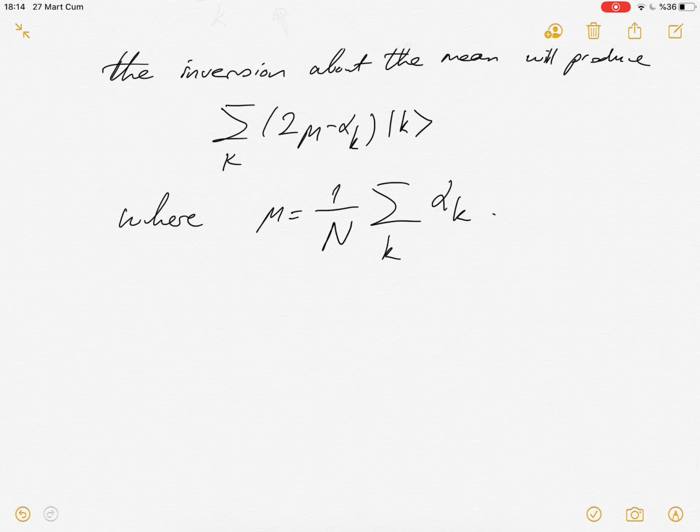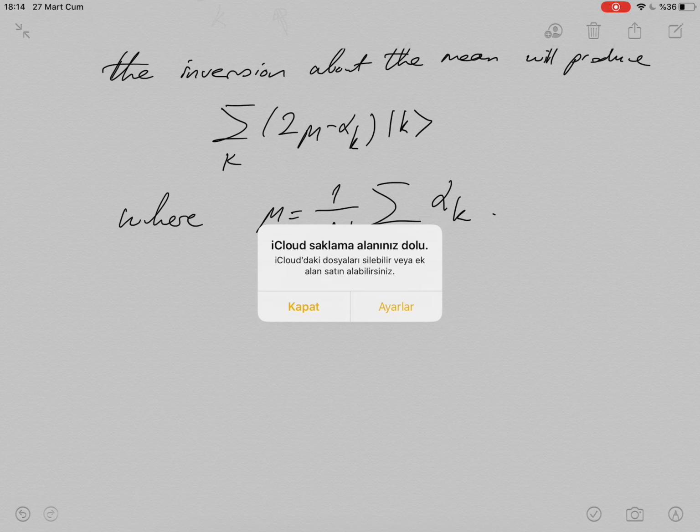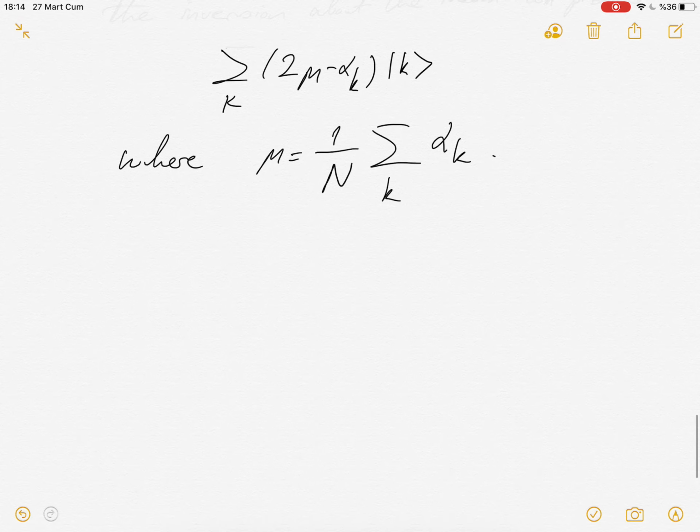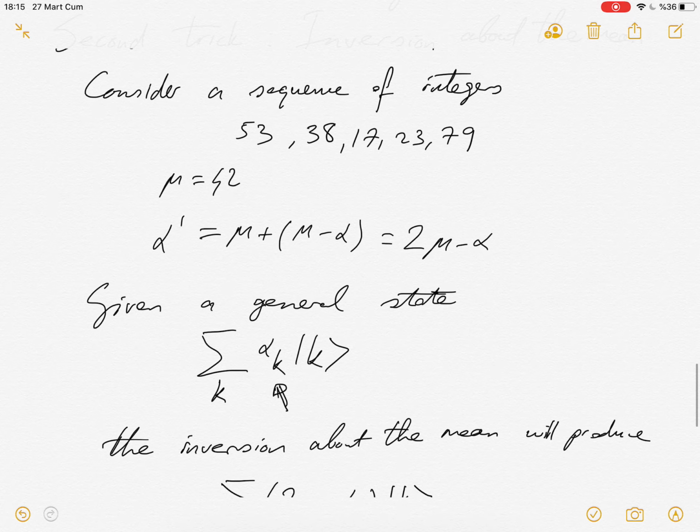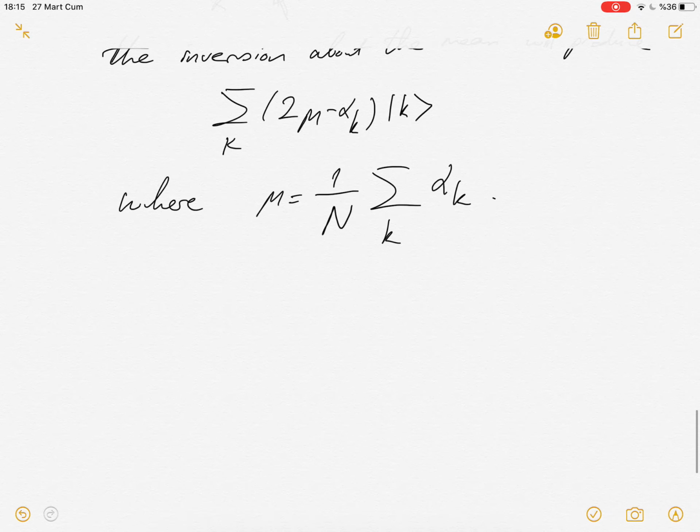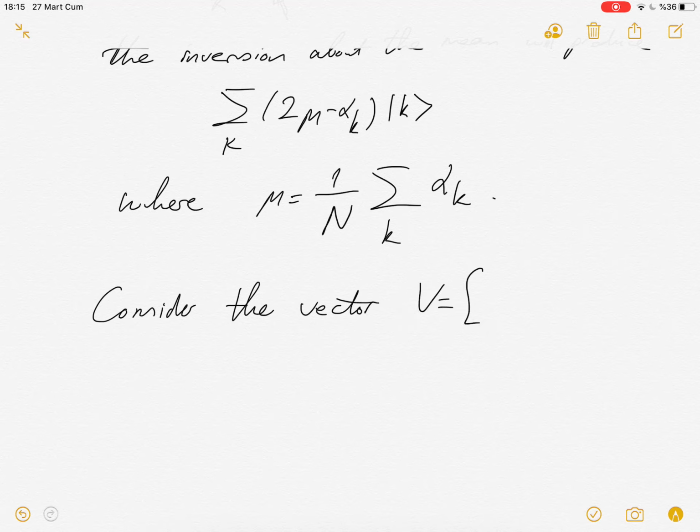Now, I'm going to give another example to demonstrate this. Suppose that our vector consists of 5 elements: 53, 38, 17, 23, 17, 9.